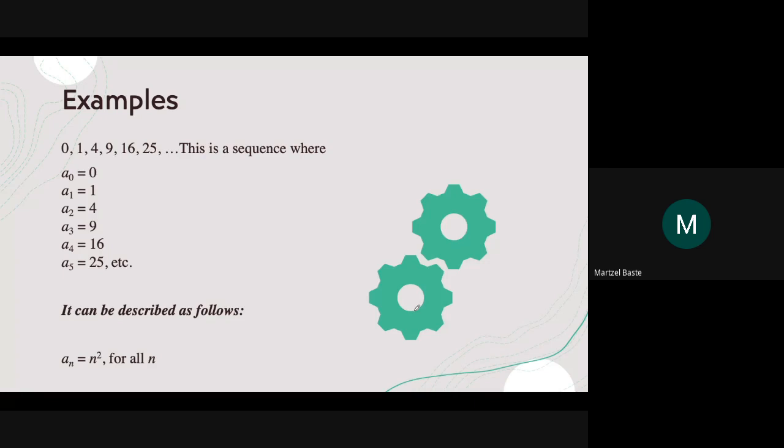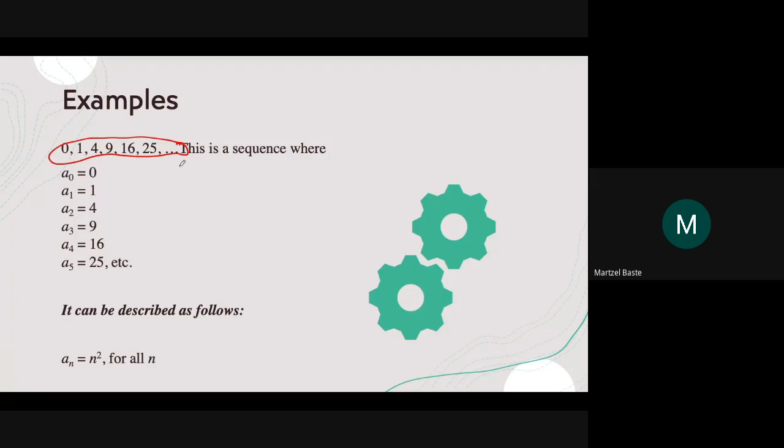Okay, another example is that we have here a number series. It is an infinite number series which starts at 0 and ends at no specific value, because the ellipsis, the three periods, represent that it goes to infinity.